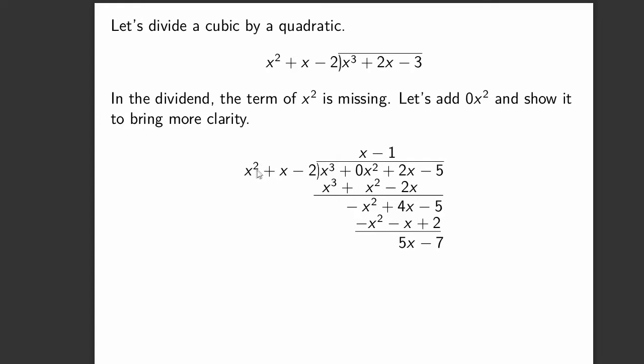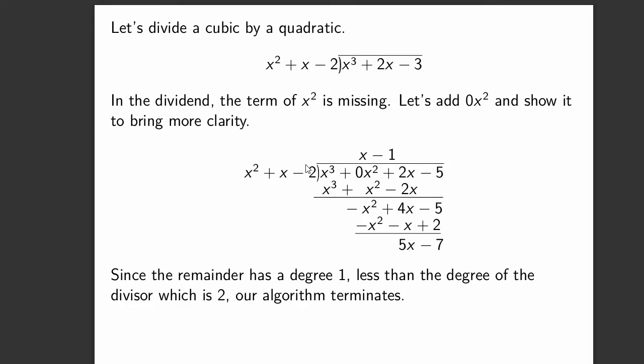Now we cannot divide 5x minus 7 by x square plus x minus 2 because we cannot divide the leftmost monomial 5x by x square. The degree of this remainder 5x minus 7 is 1, and the degree of this divisor is 2. Therefore our algorithm stops over here.